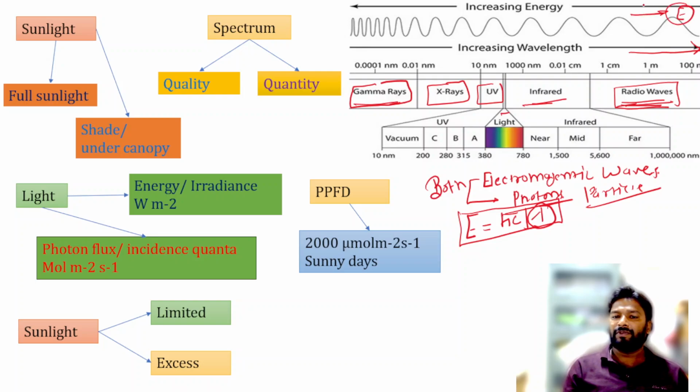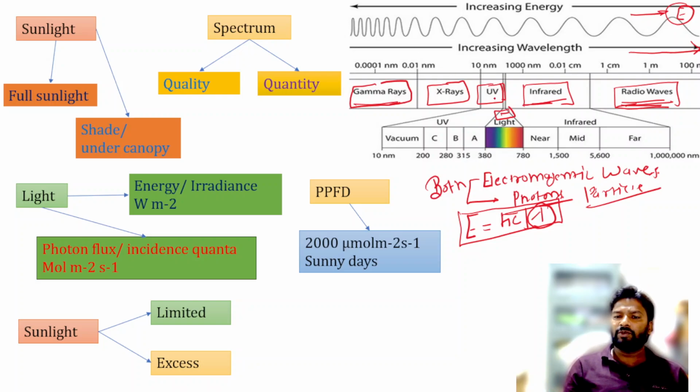Okay. Now for us, only three types of rays, which are ultraviolet rays, visible rays, and the infrared waves, are important for plant growth and development.